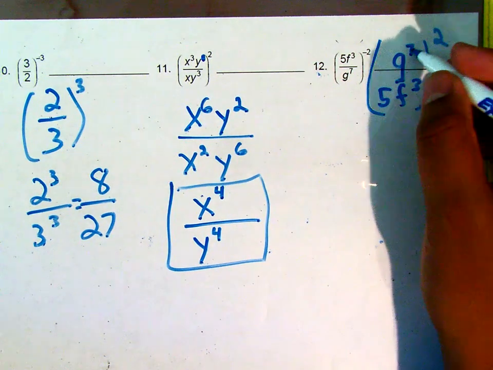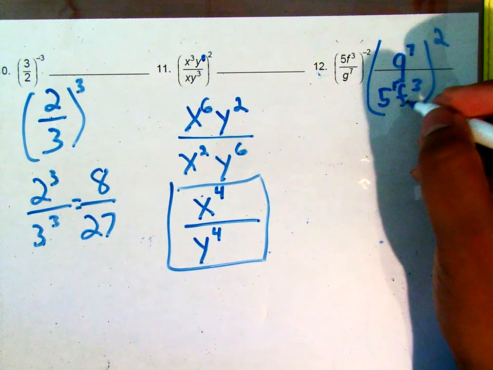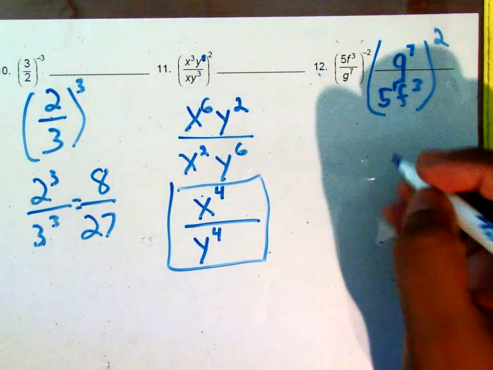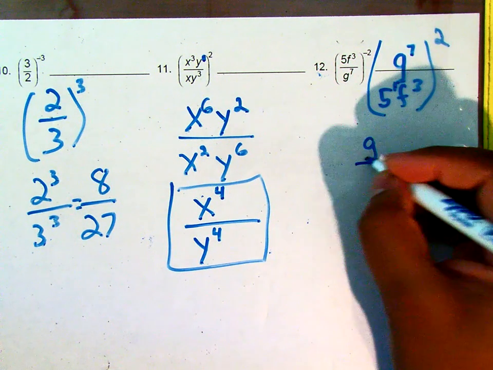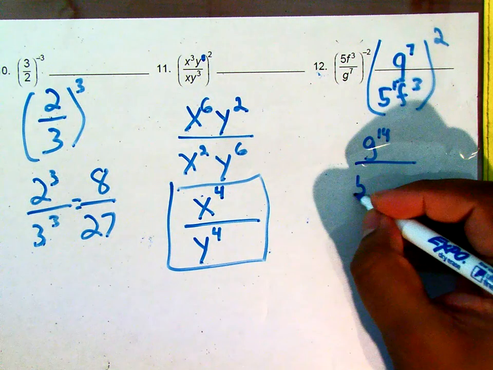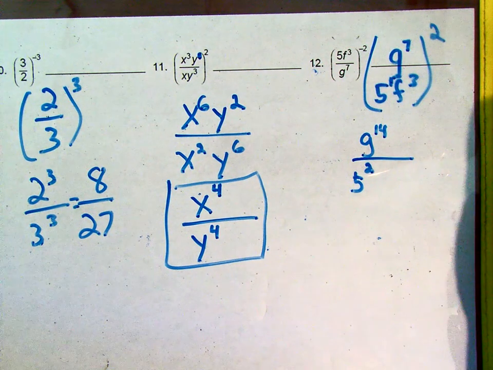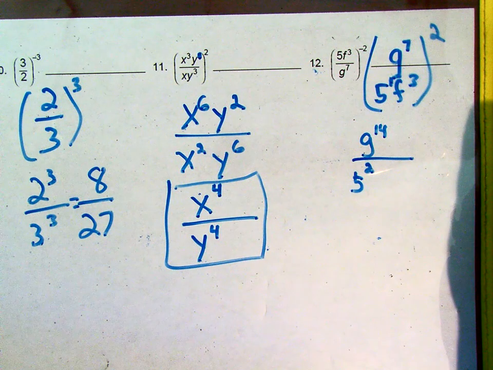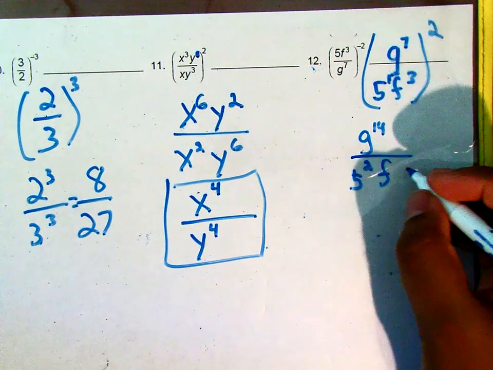We're going to do 2 times 7, 2 times this understood 1 by the 5, 2 times this 3 here. So that's going to get us g to the 14th, 5 raised to the 2nd, and then f raised to the 6th.